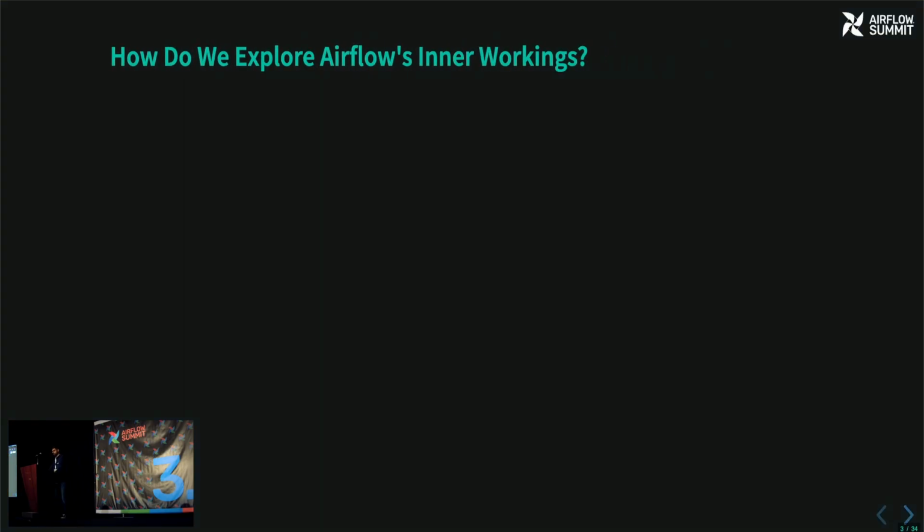How do we explore Airflow's inner workings? There could be a few options, right? You could read documentation, which is quite good, I would say. You could also browse the source code on GitHub, but browsing the code could be like navigating a massive, complex city without a map.